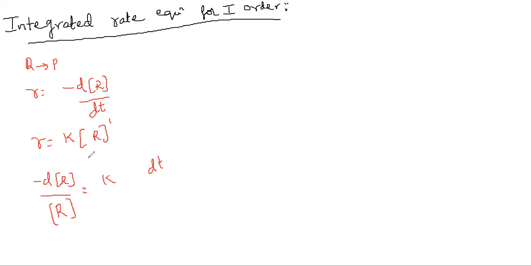So now integrating this, from this what you'll get is, integrating this over this, minus ln R is equal to kt plus I.